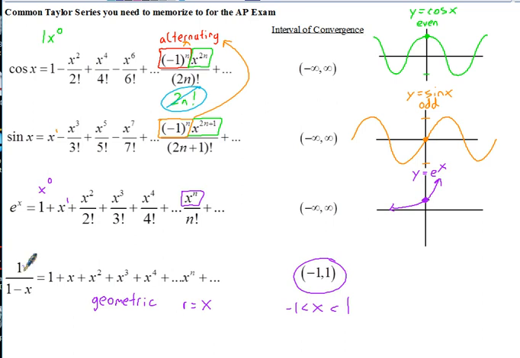And the reason why it equals this, if you remember your sum of a geometric series, in an infinite geometric series, it's the first term a sub 1 over 1 minus the common ratio. In this case, our first term, a sub 1, is 1, so that's why it's a 1 there.